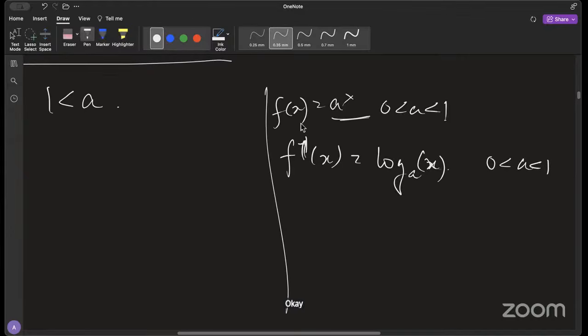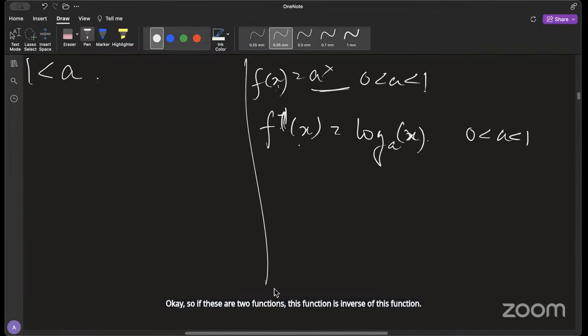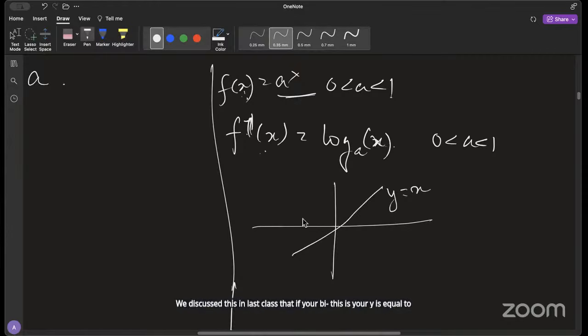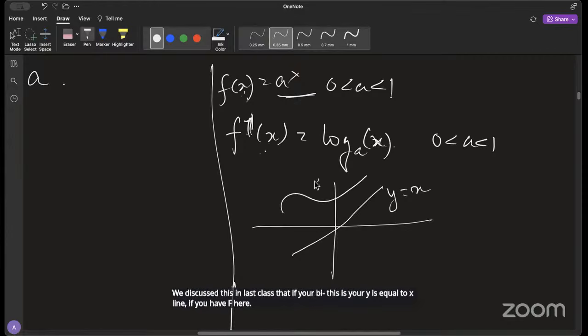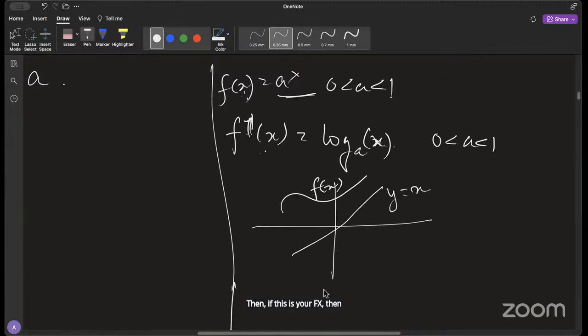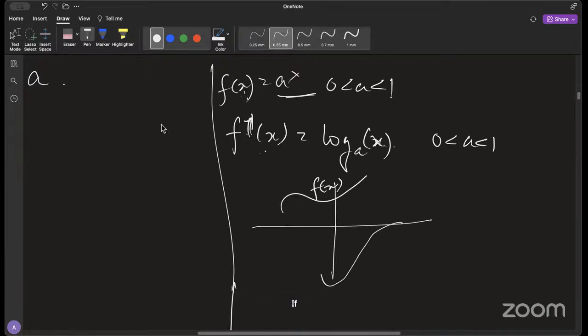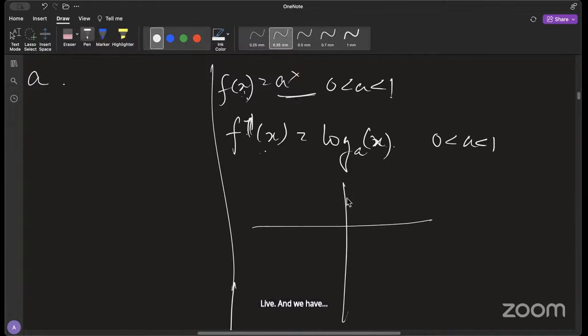Okay. So if these are two functions, this function is the inverse of this function. Then how do we sketch the graphs of f and f inverse? We discussed this in the last class, that if this is your y is equal to x line, and you have f here, then if this is your f(x), the inverse of this is here, the mirror image of this along this axis. So we'll do the same thing here. If this is your y is equal to x line, our function is a to the power x.